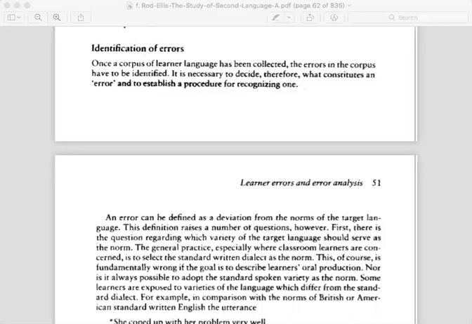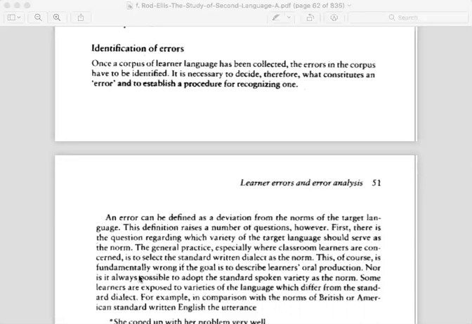Okay, guys, so today we are going to continue our lecture on error analysis. And yesterday we did some introduction of what actually error analysis is, what kind of methodology it is, and basically we focused on Corder's suggestion of some of the steps towards error analysis.